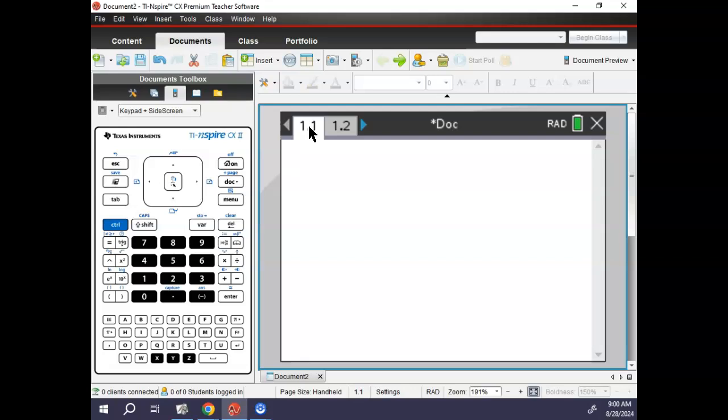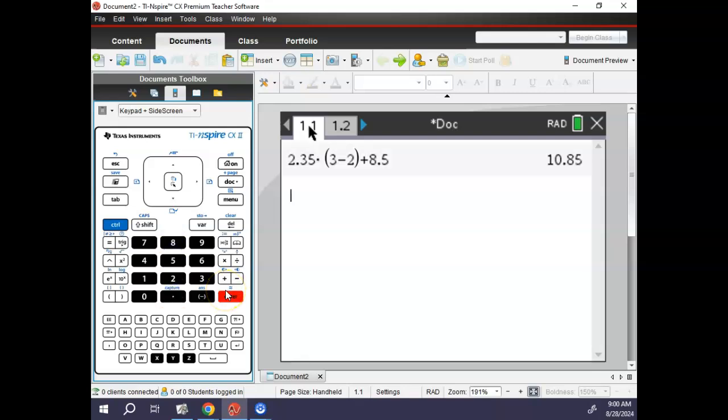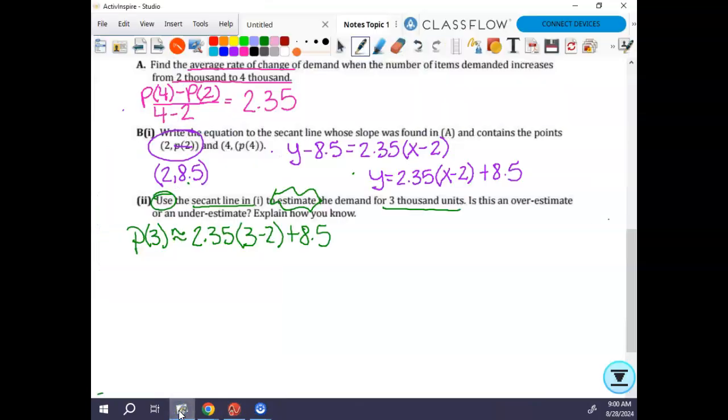So now we're just going to use the calculator as a calculator and say we have 2.35 times 3 minus 2. I'm pretty confident I know what 3 minus 2 is, but again, we're just going to be safe here. Plus, because that's where our careless mistakes happen, 8.5. And that's what we get, is 10.85. Okay? So we get 10.85.